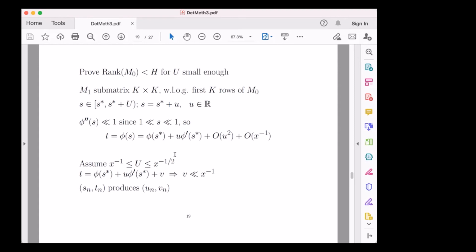So if we make that assumption about U, we can see that T is this linear polynomial in U plus a little piece V, which is of order x inverse. And so we'll use this to define V. So we'll now change from notation involving S's and T's to notation involving U's and V's.